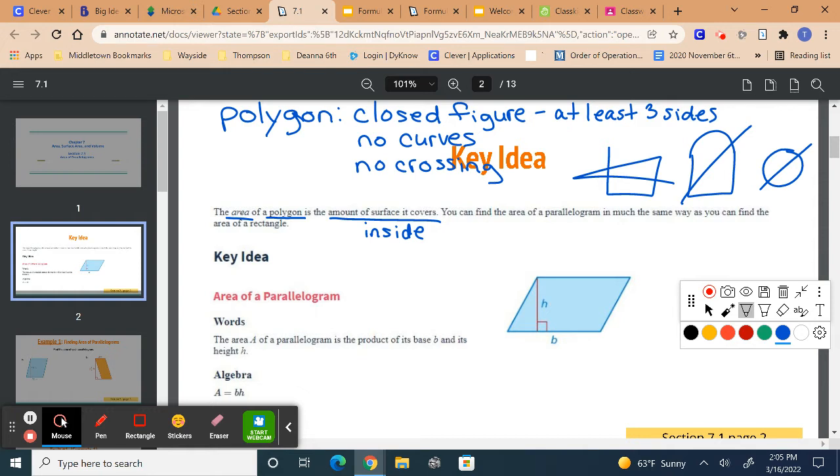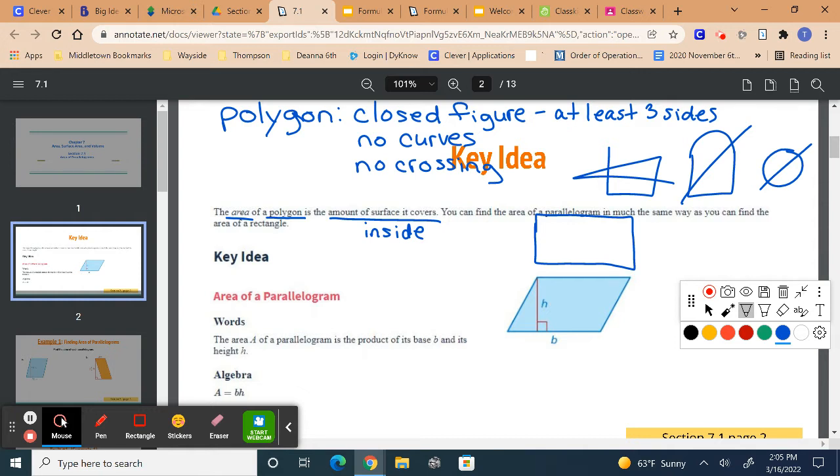So I'm going to draw a rectangle right above my parallelogram. We've been doing rectangles in some of our questions in previous chapters, and we've had to find the area. What was the formula we used to find the area of a rectangle? Length times width.